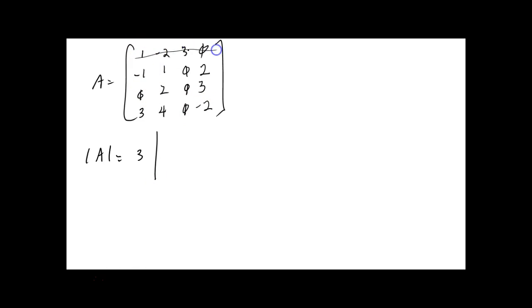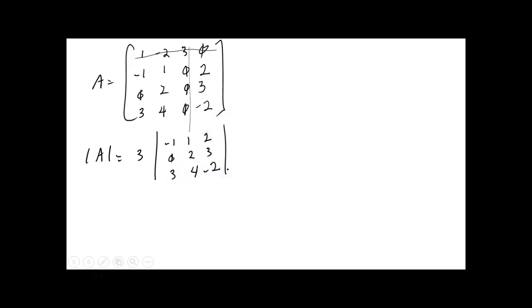So you wipe out the first row, wipe out the third column, and it's the determinant of the matrix with rows minus 1, 1, 2; 0, 2, 3; and 3, 4, negative 2.